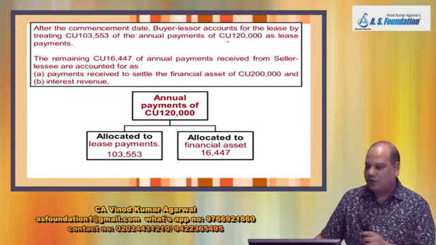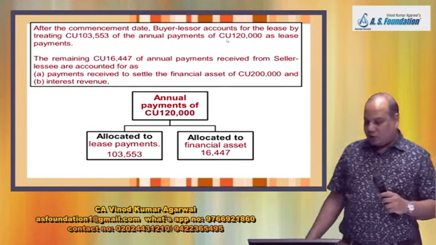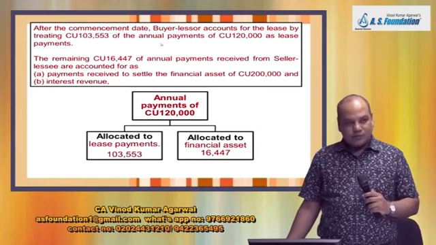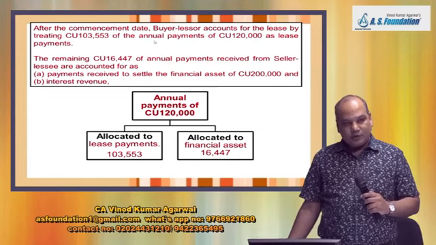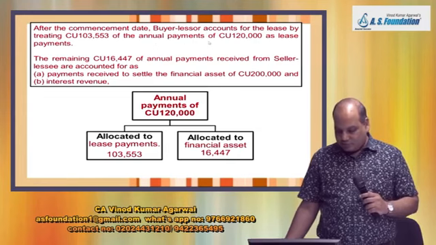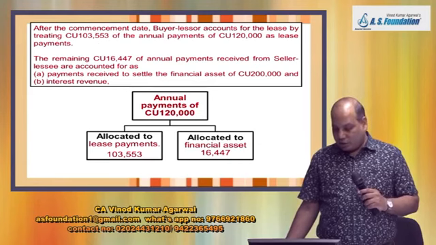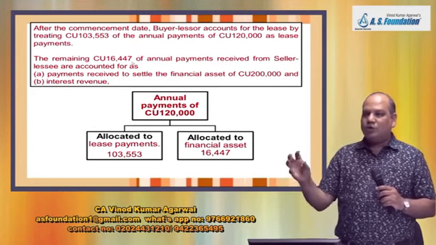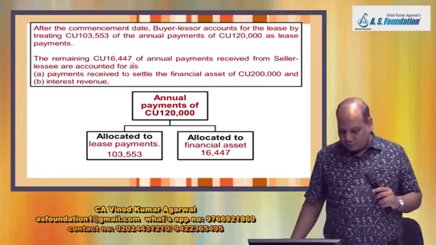Now next is just some additional discussion. After the commencement date, the buyer or the lessor accounts for the lease by treating 1,03,553 of annual payment as lease payment, and the remaining 16,447 will be treated as amount paid towards financial liability or financial asset.